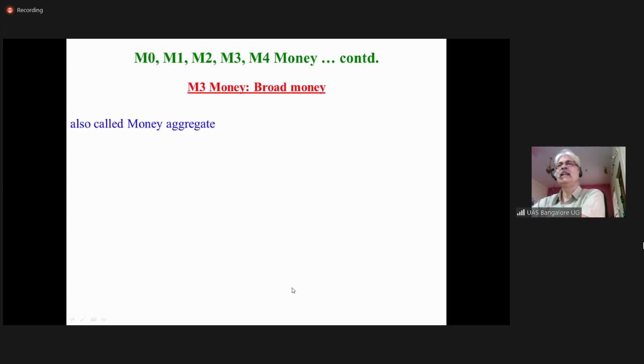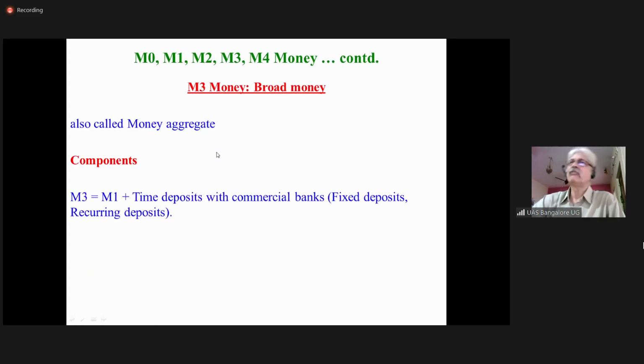Then M3 money, also referred to as broad money. Another name for M3 money is money aggregate. The components of M3 money are M1 plus time deposits with commercial banks: fixed deposits, recurring deposits in the commercial banks.